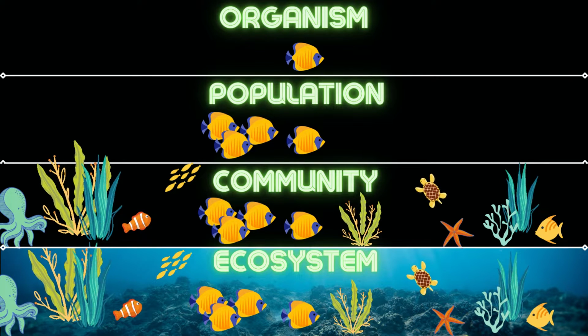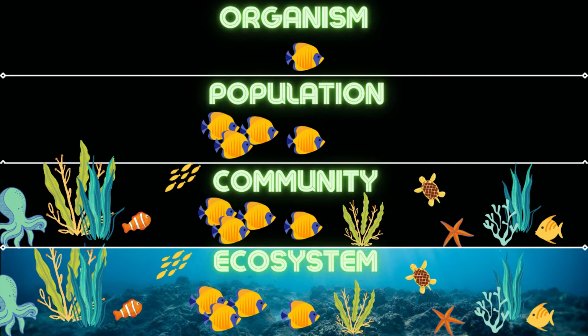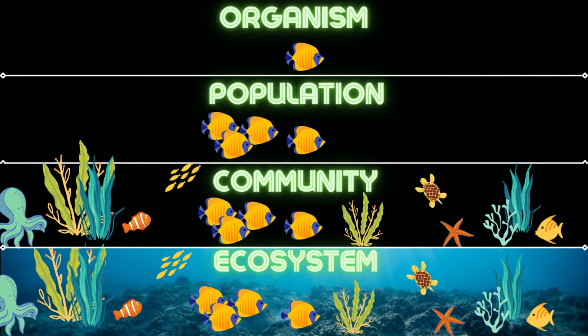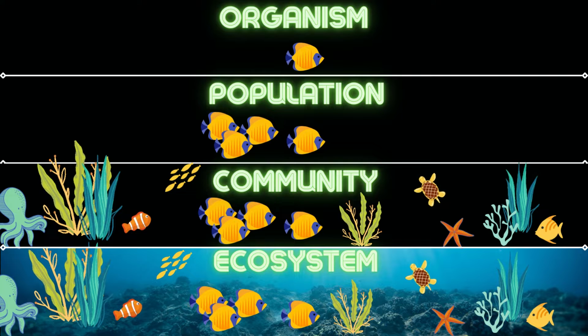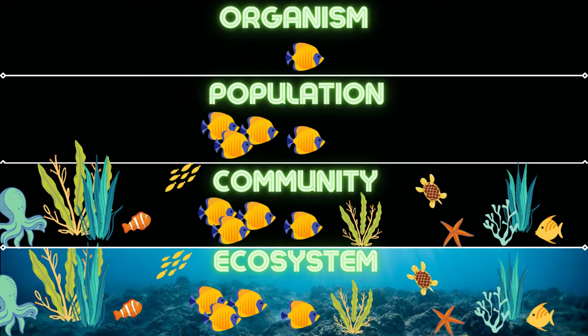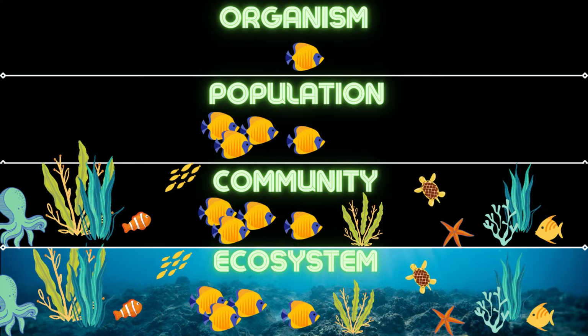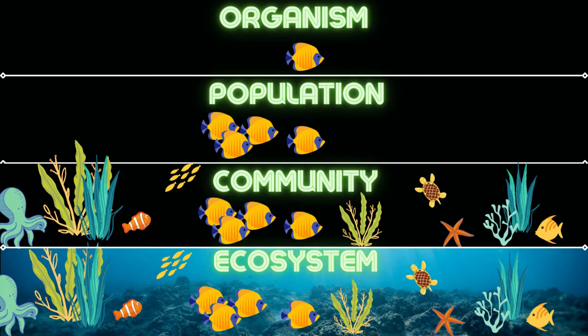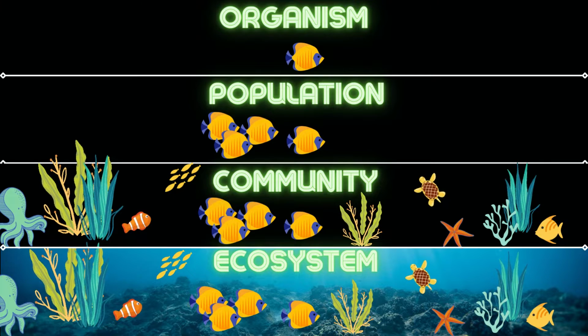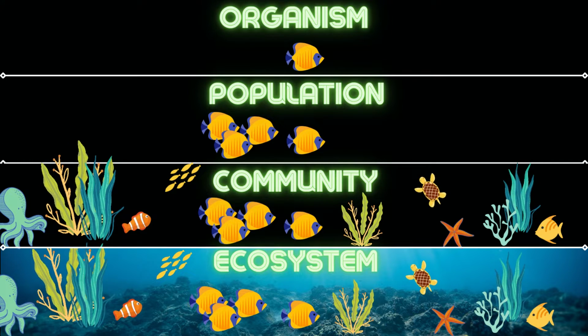A community is a group of interacting populations that inhabit a specific environment. And finally, an ecosystem is the interaction of the entire community, so the biotic factors, with the non living or abiotic factors that make up an ecosystem.